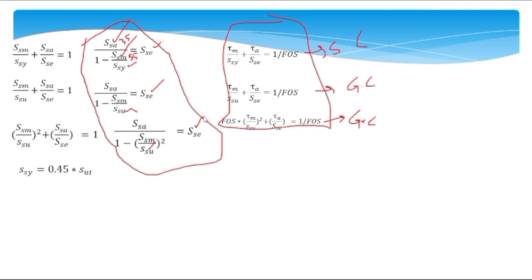SSY is equal to 0.45 times SUT, and here SUT can be found from the formula A divided by d to the power m, where the values of A and m can be found from table 10.4. SSU can be found from this equation, which is equal to 0.67 multiplied by SUT.